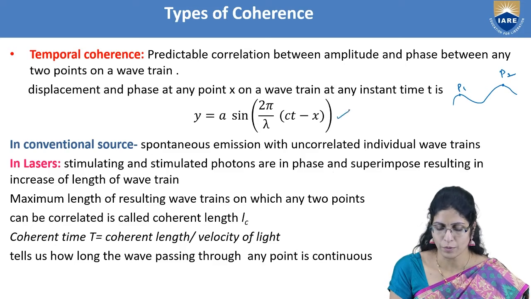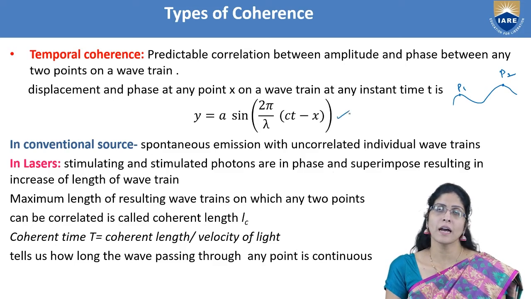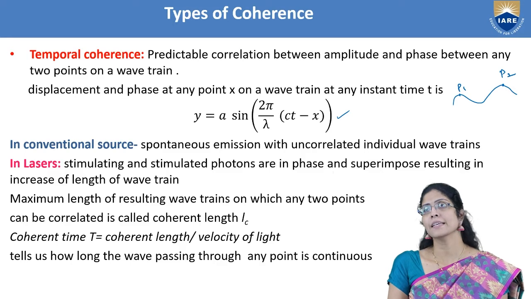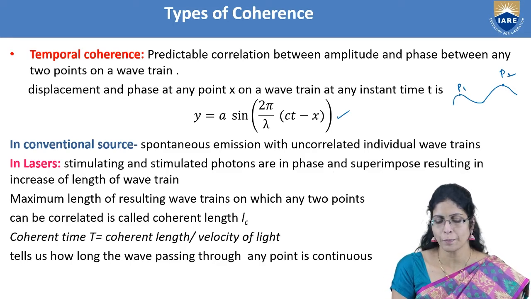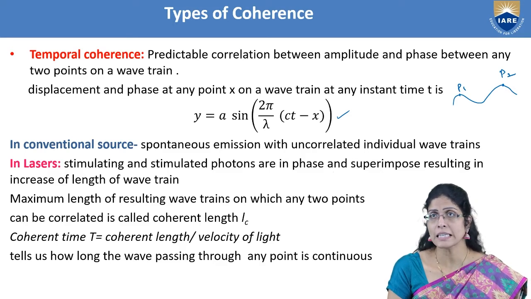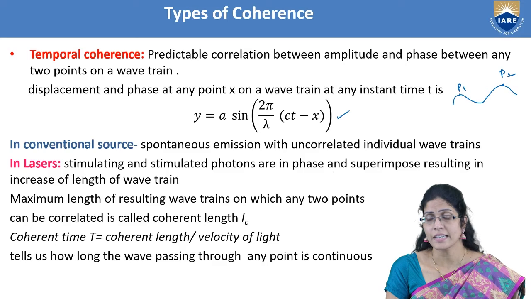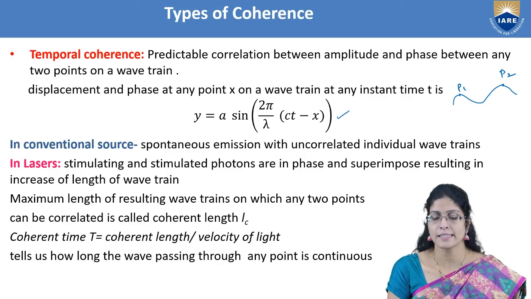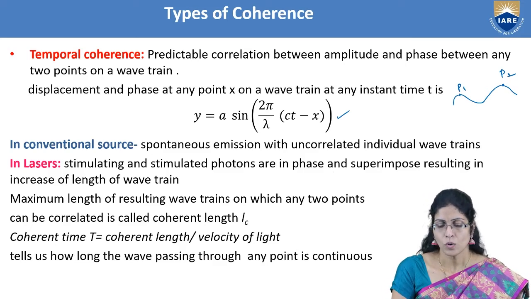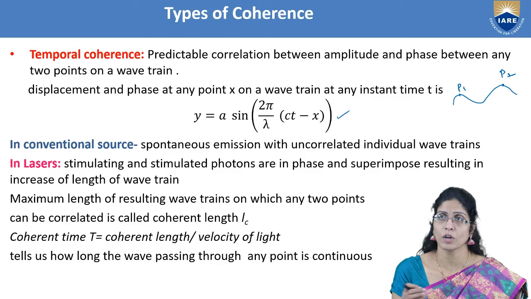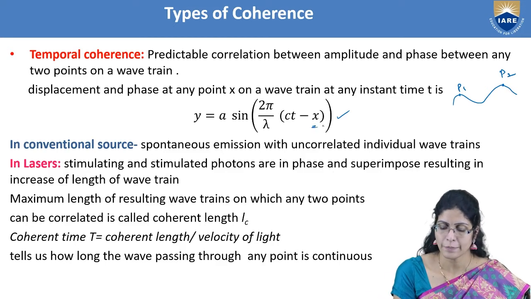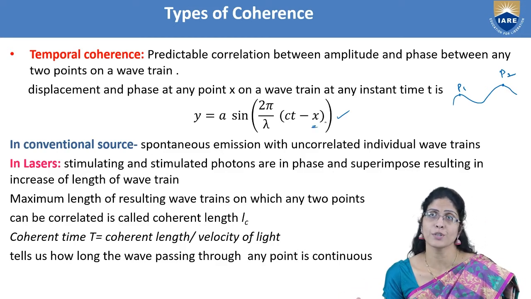You know this formula: the displacement y can be written as y = a sin(2π/λ)(ct − x). Here a is the amplitude, λ is the wavelength, c is the velocity of light, t is the instant of time you take, and x is the position at any point. Whatever point you take, it can vary.